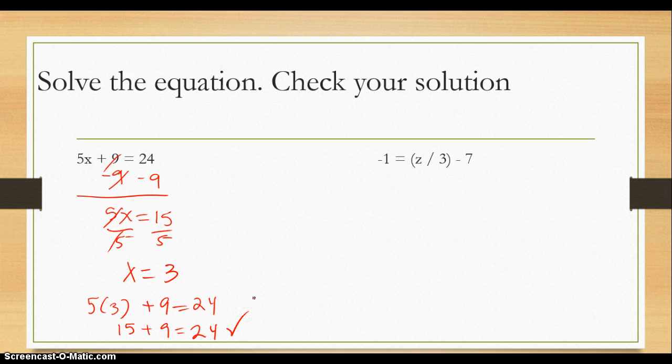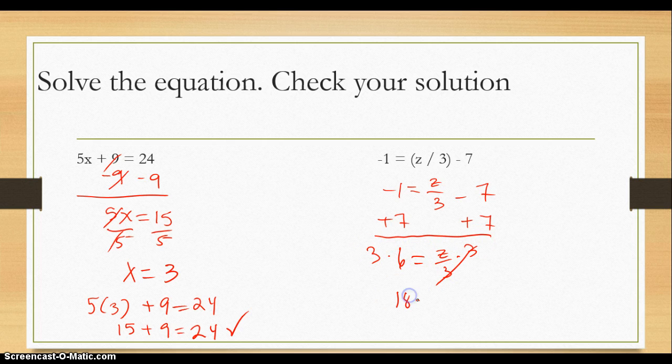So read the problem to yourself. We have -1 equals z divided by 3 minus 7. So we need to isolate the z, so we're going to add 7 over first. Remember, it's the reverse order of operations, so we get 6 equals z over 3. So z divided by 3, to get rid of that, we're going to multiply.